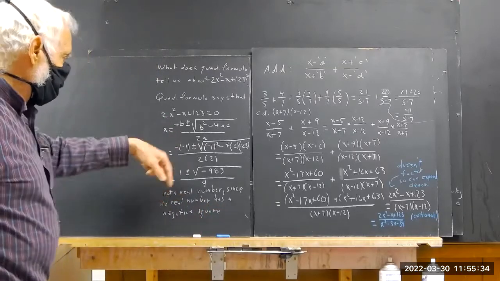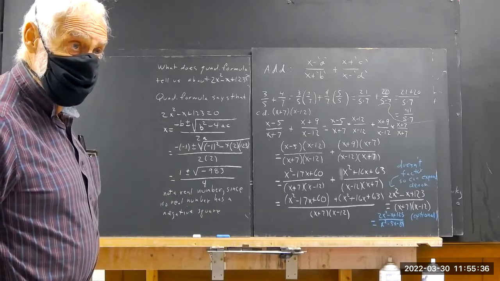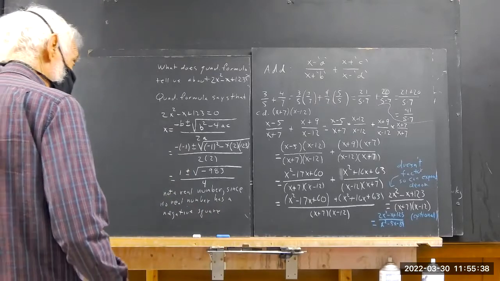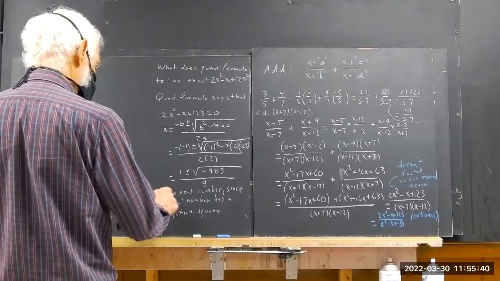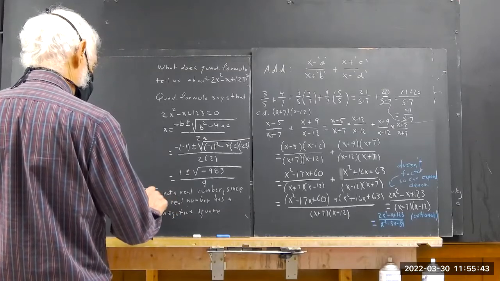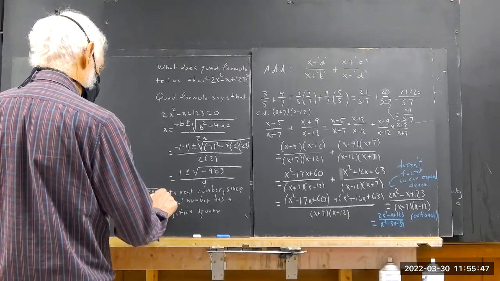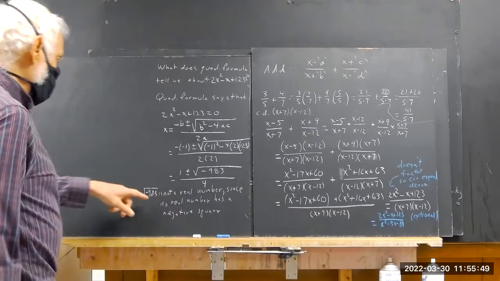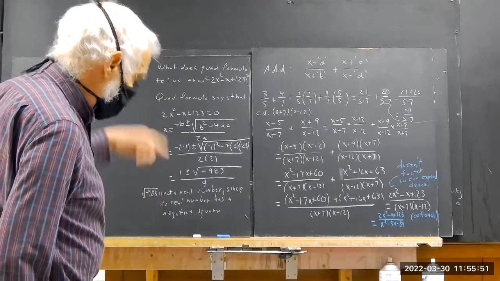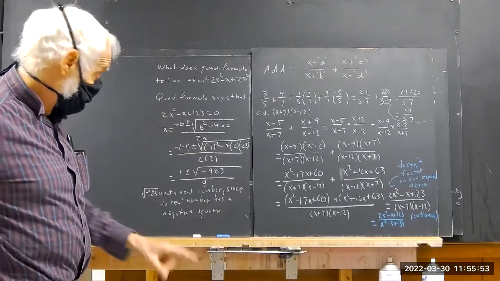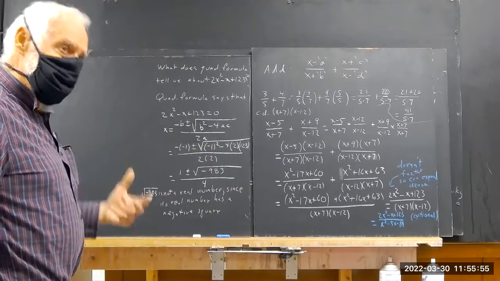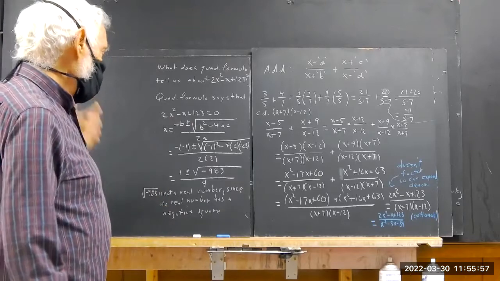Not a real number, since no real number has a negative square. I'm going to just say, okay. Square root of negative 983 is.